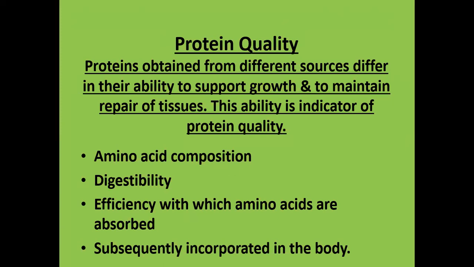So if protein is not digested, though it contains essential amino acids, they are not available to us. Then quality of the protein depends upon the efficiency with which amino acids are absorbed and subsequently incorporated for the formation of body tissues and for the repair of the tissues.